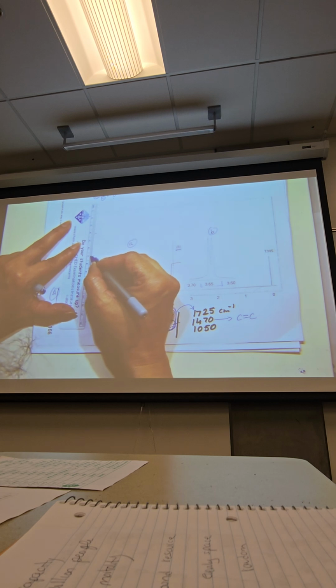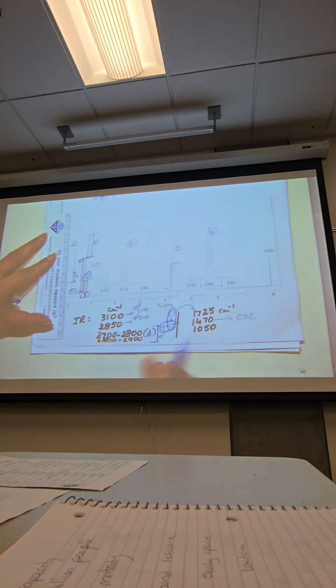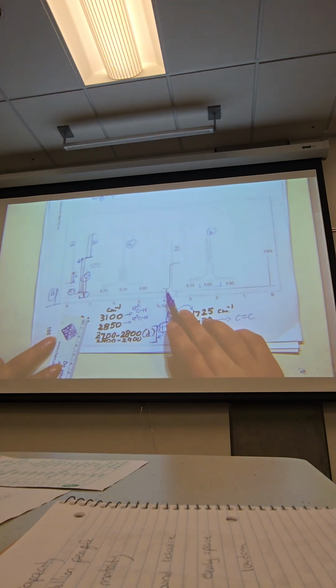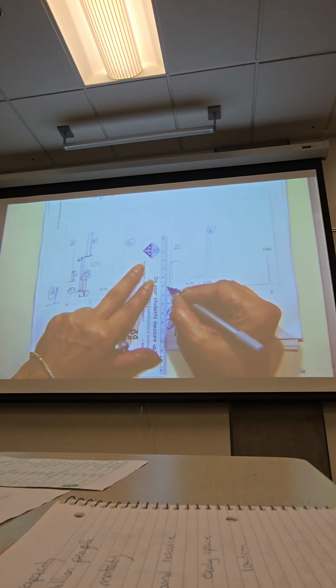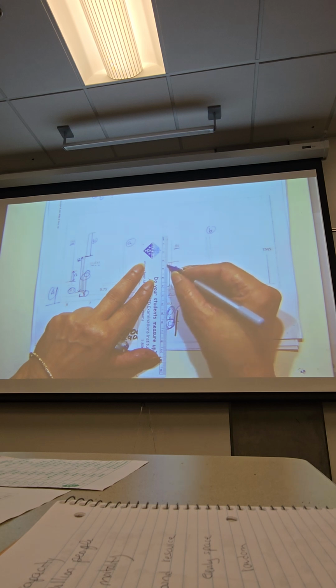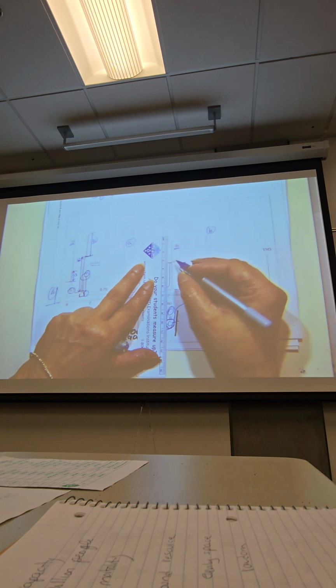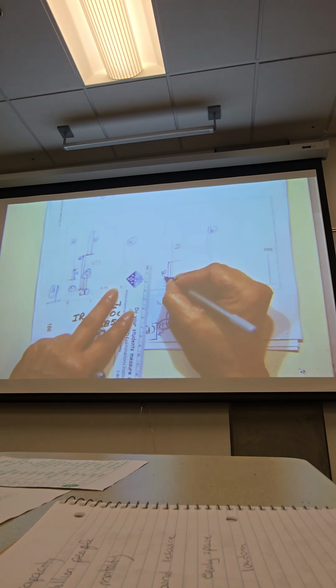So 1, 2, 3, so about 30-ish. And then we have signal B. Let's see. How much is that? 1, 2, 25, 27, maybe 30. So again, we are always being a little flexible with the integration measurements.